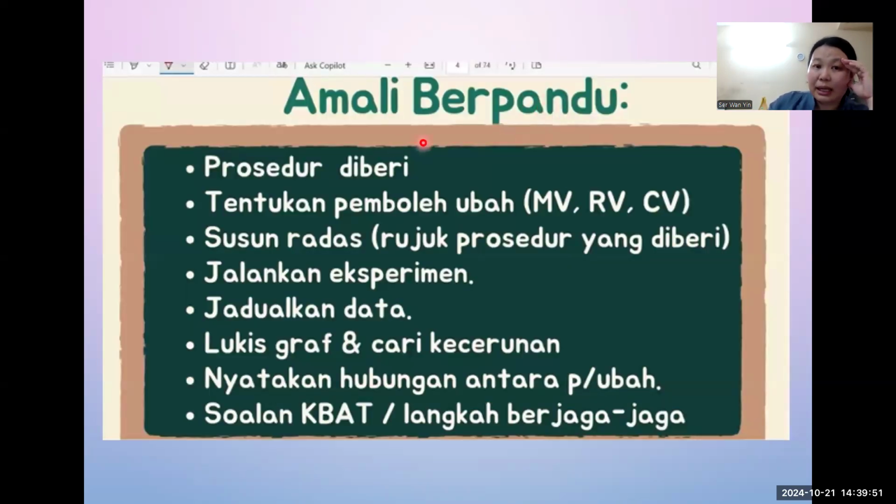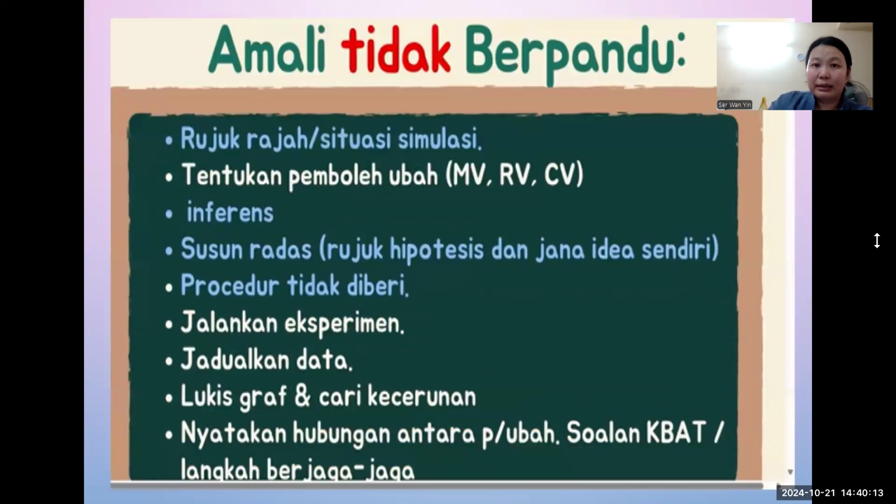Next, guided Amali: you are happy because everything is given, the procedure is given, and you determine MV, RV, CV from the question. Everything is given, but the graph you need to plot yourself. Then unguided means you need to refer to the table yourself.